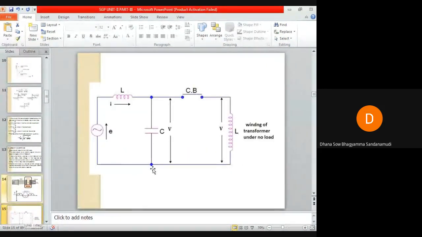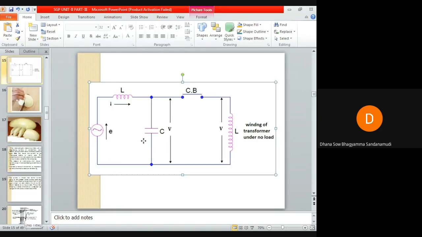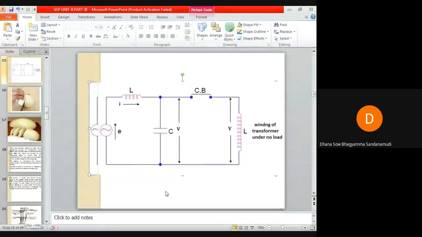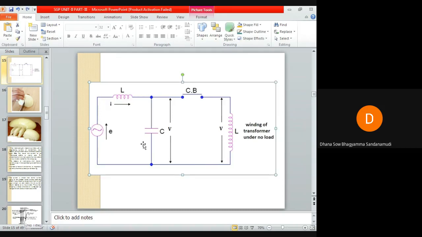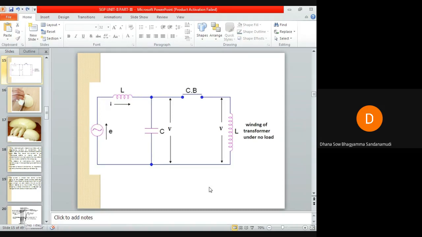Let us assume that an unloaded transformer is connected to the system. This is an equivalent circuit of the system to which the unloaded transformer is connected.